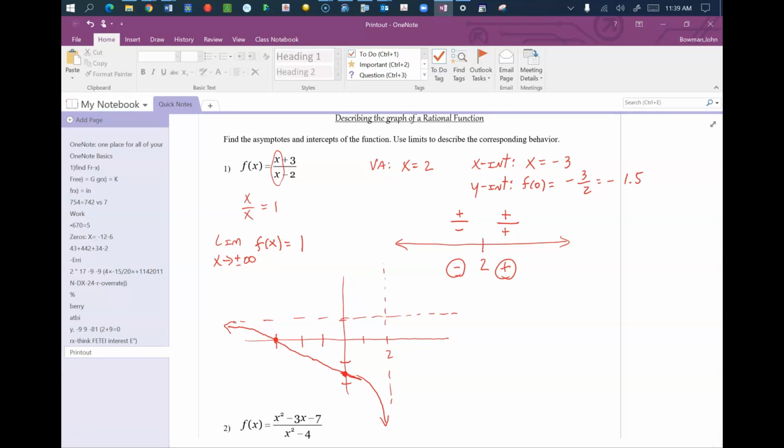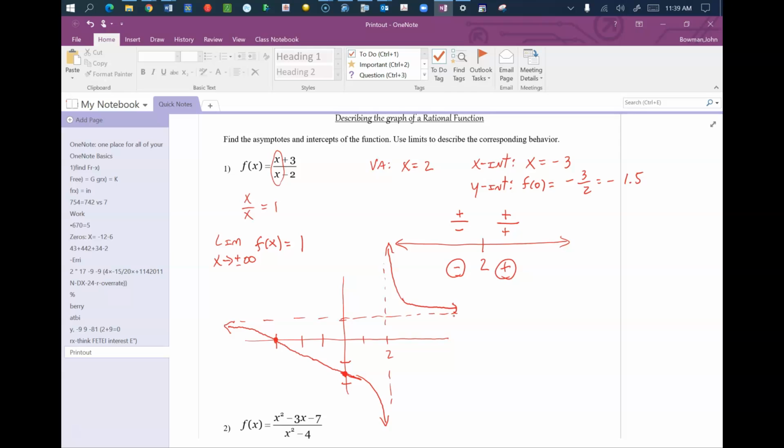And then the only other part we have to graph is the part to the right of our vertical asymptote, x equal 2. Well, we know from our sign chart that the graph approaches positive infinity as x approaches 2 from the right hand side, and we also know from our end behavior limit that the graph, or y, approaches 1 as x goes towards positive infinity.